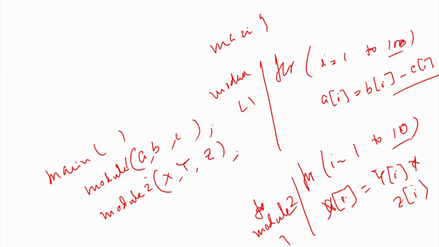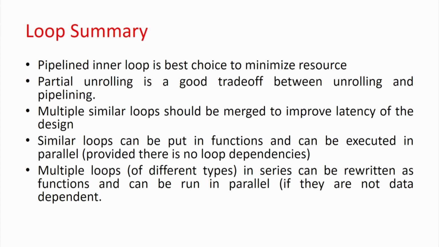Now, since these two are not dependent, they will run in parallel. So, that is the advantage. You should always try to parallelize the loops, because loops take a lot of time. The summary is this: you try to parallelize loops as much as possible, and you try to merge two loops if possible.